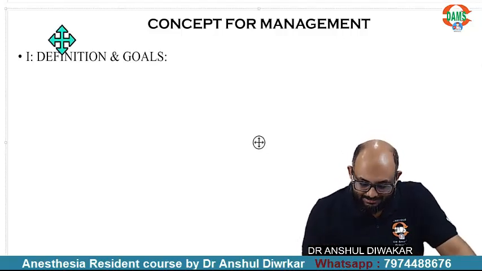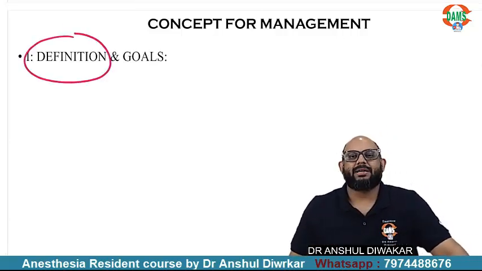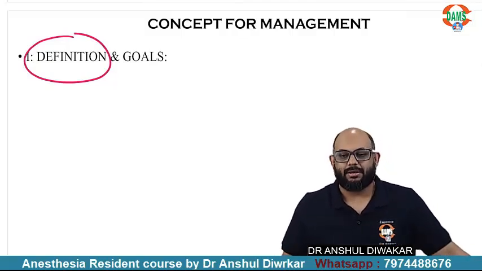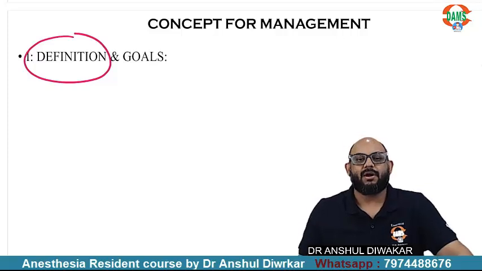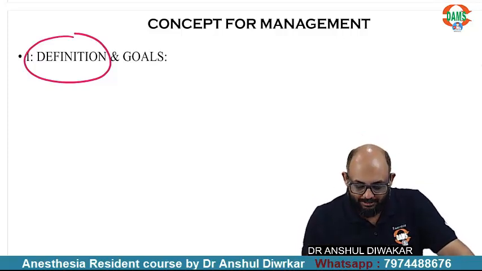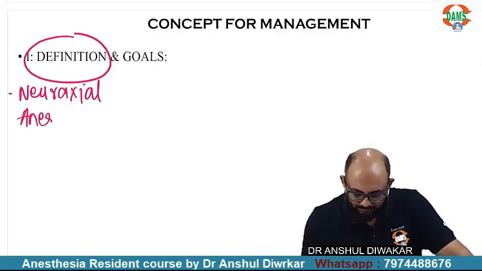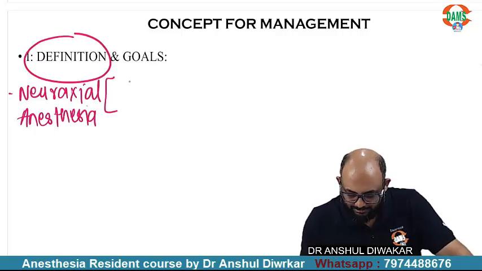Because ASRA is a society for regional anesthetists of America or of the world, therefore you have to first define what are they trying to do. They are trying to talk about guidelines for neuraxial anesthesia or neuraxial block, which includes spinal and epidural catheter.